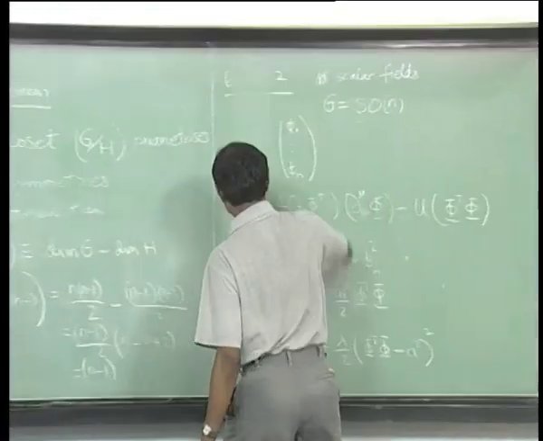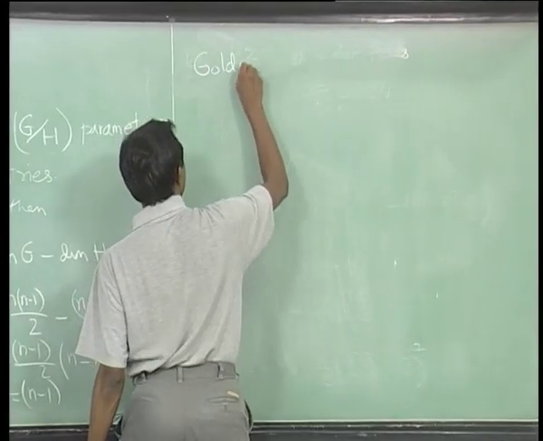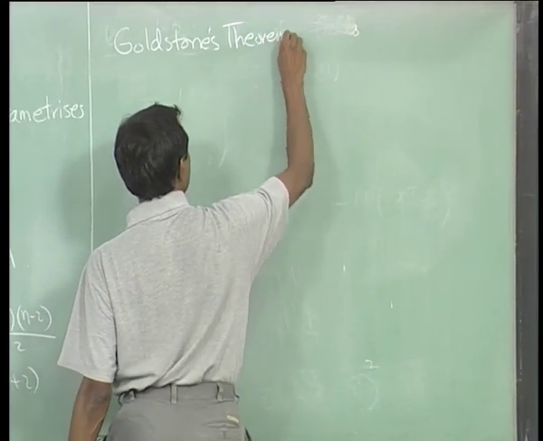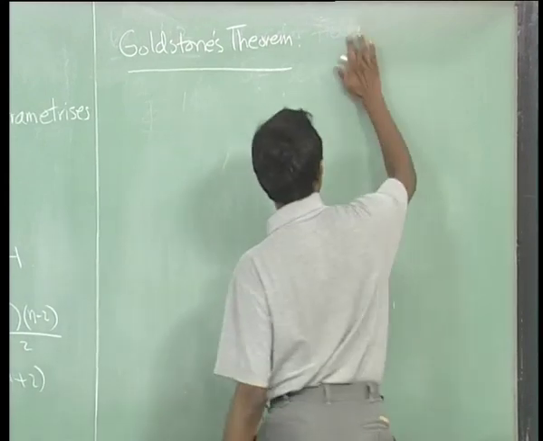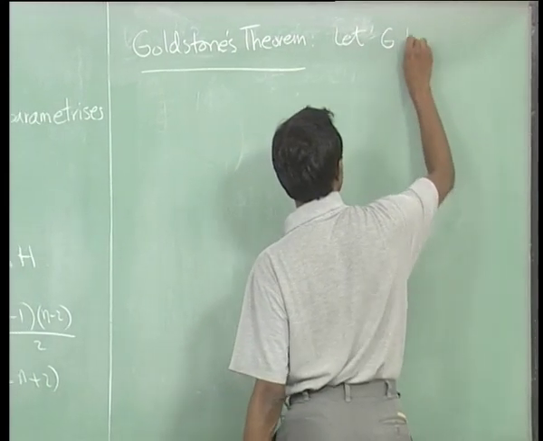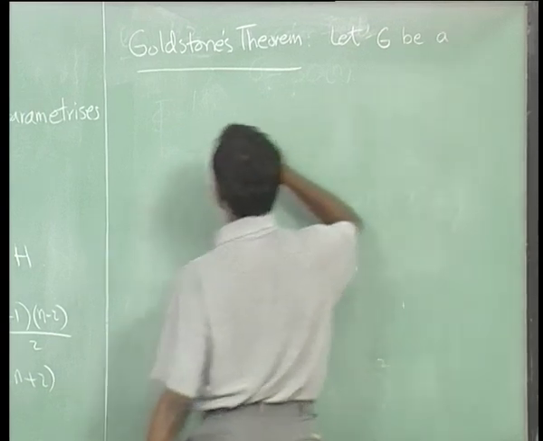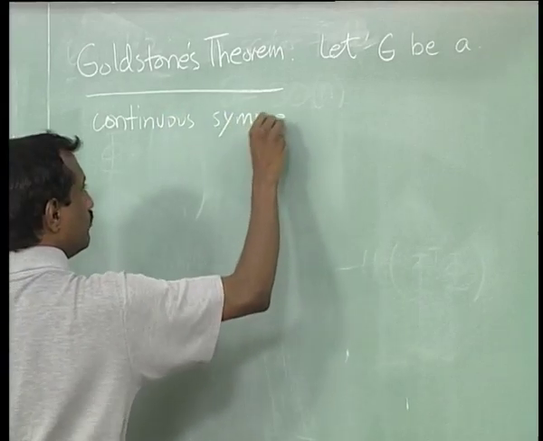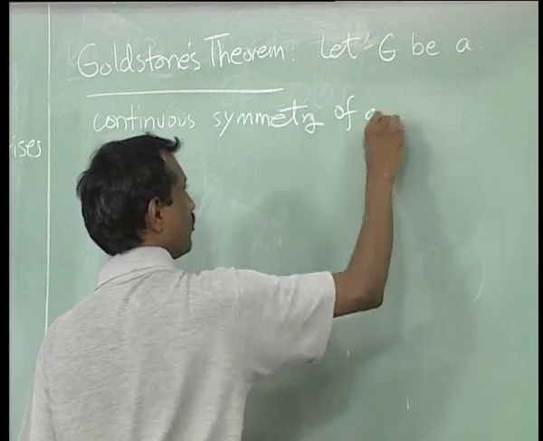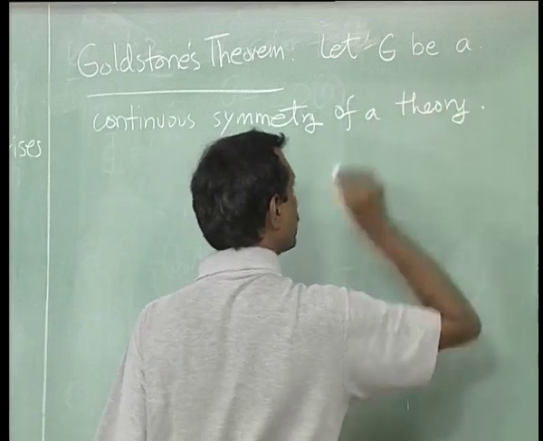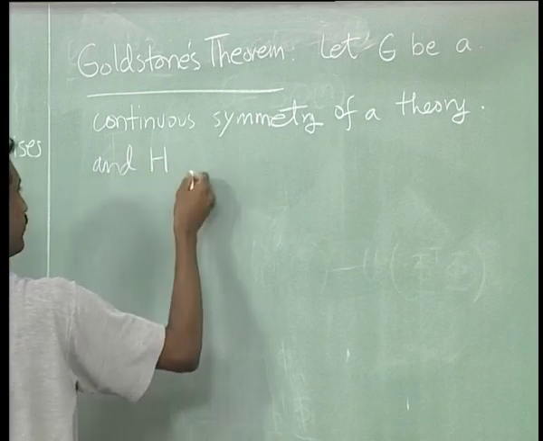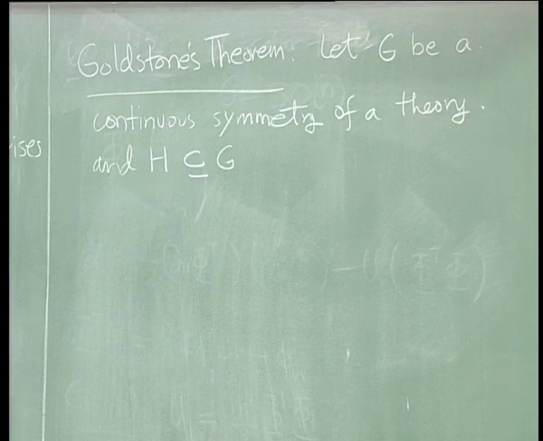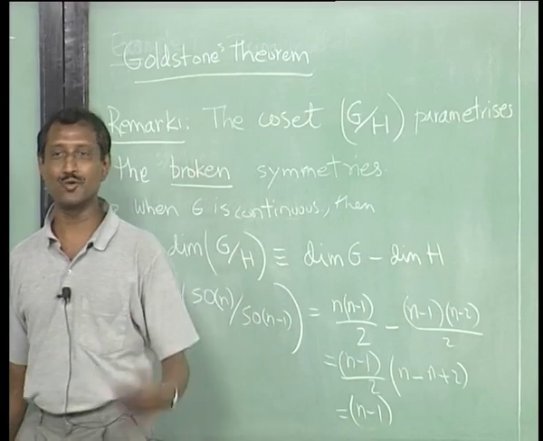So, now I am ready to state Goldstone's theorem. Let me write it again. Let G be a continuous symmetry of a theory and H less than or equal to G. Just one comment: sometimes it can happen that H is some discrete group.